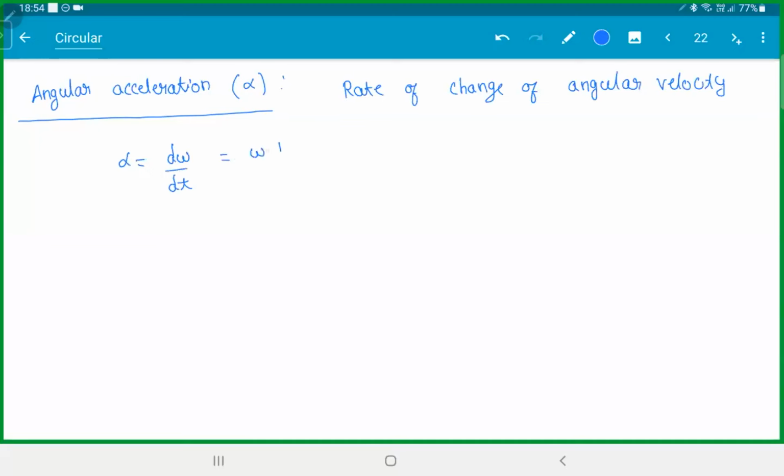This can also be written as omega d omega by d theta. I hope you can see the resemblance. Acceleration a is given by dv by dt or v dv by dx. They look exactly the same. So alpha average would be omega final minus omega initial by time.